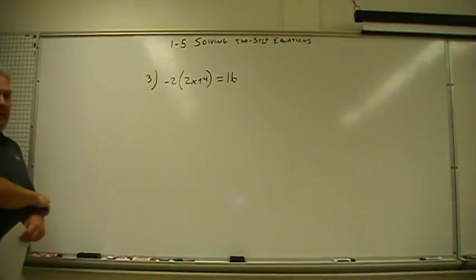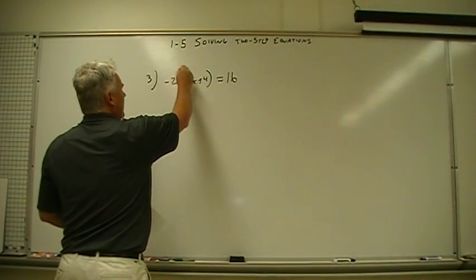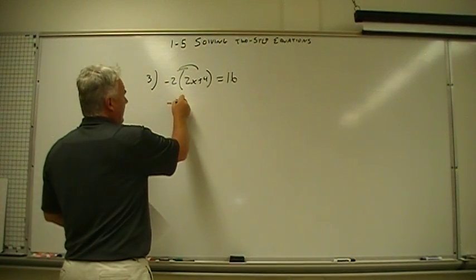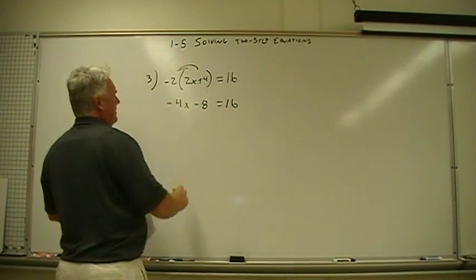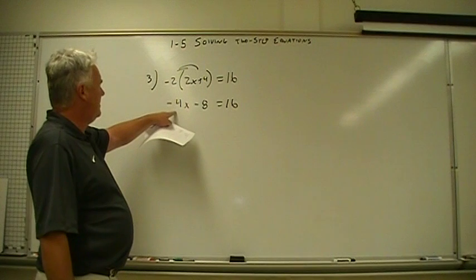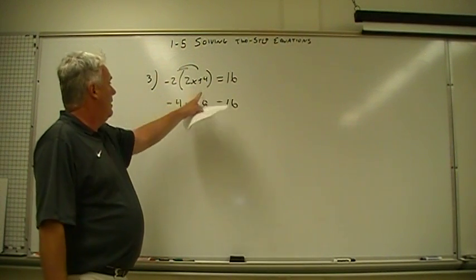So there's number 3. To solve this one, you have to distribute. You will get negative 4x minus 8 equals 16. Keep track of your minus. Negative 2 times 2x is negative 4x. We know that from Algebra 1.